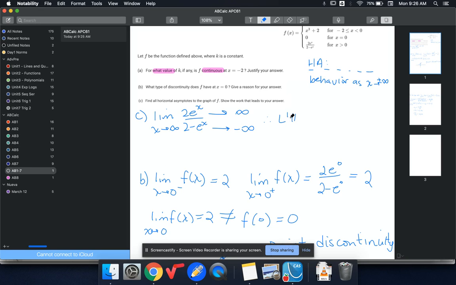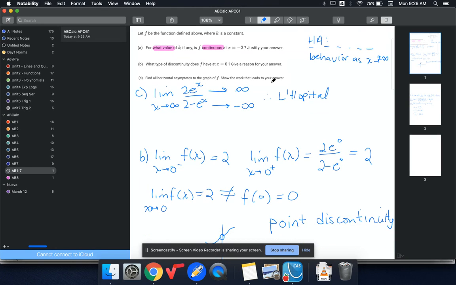Therefore, I can use L'Hopital's rule. And when I use L'Hopital, I get the limit as x goes to infinity of 2e to the x over, that becomes 0, negative e to the x. Well, those e to the x's now cancel, and I get negative 2. Therefore, I have a horizontal asymptote at y equals negative 2.